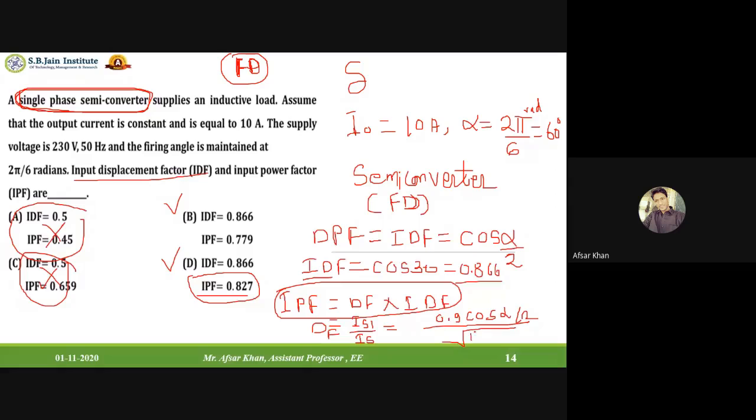I naught we can cancel out directly. Tell me the value of DF here. It is 0.954.